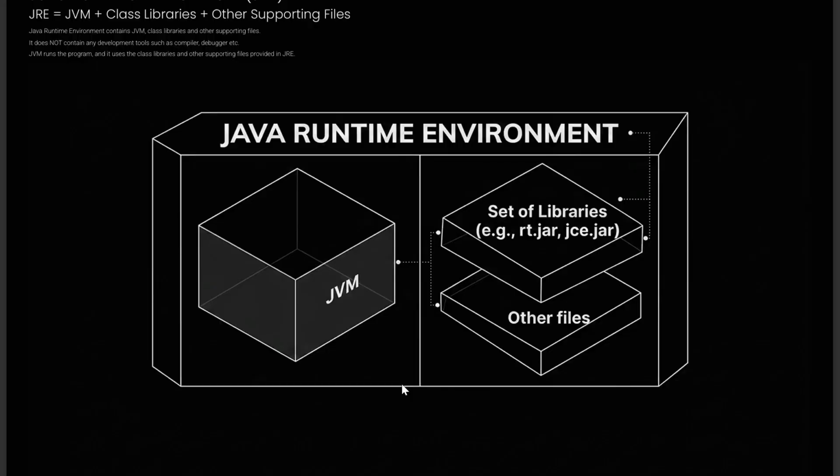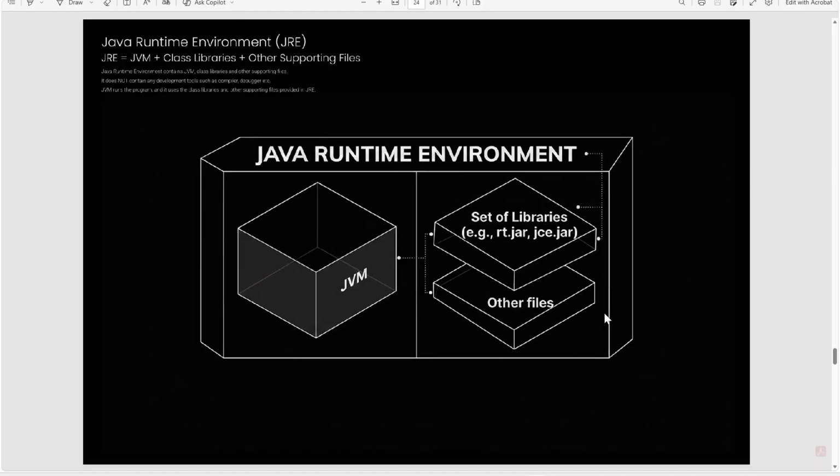Okay, now let's go to the next slide. If you only talk about JRE, inside JRE you have JVM, and along with that you have a set of files and libraries, right? So let me show you another diagram.